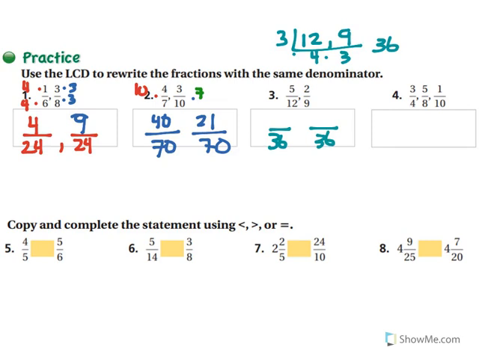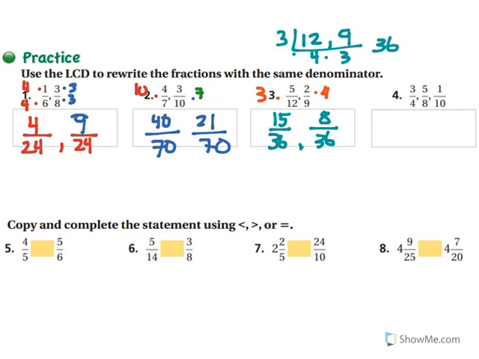So we're going to do 12 and 5, both multiplying by 3, because 3 times 12 is 36. And then for the 9, 9 times 4 is 36. We're going to multiply these both by 4. So 5 times 3 is 15. And then 2 times 4 is 8. There you go for this one.